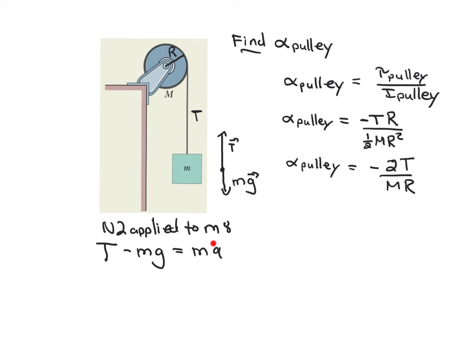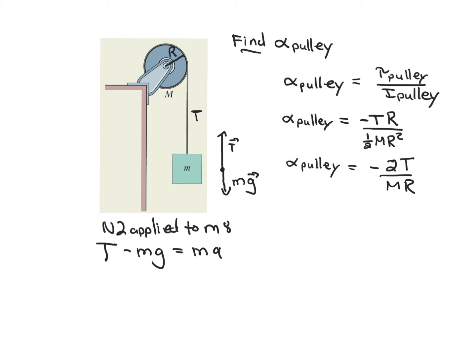We don't yet know the acceleration of the block. So we're one equation short, but not to worry. There's a simple solution, and that is that the acceleration of the block and the angular acceleration of the pulley are, of course, not independent from one another.